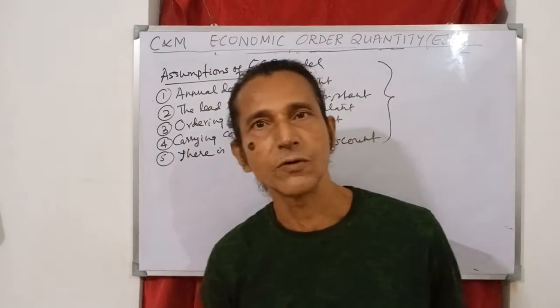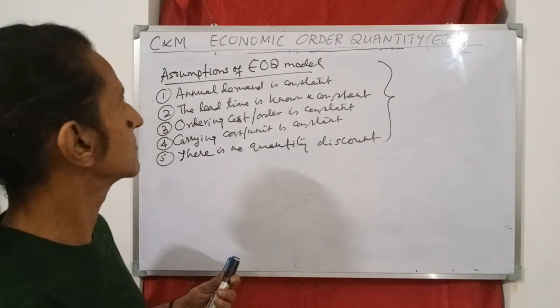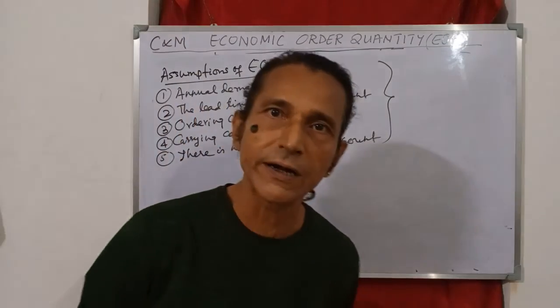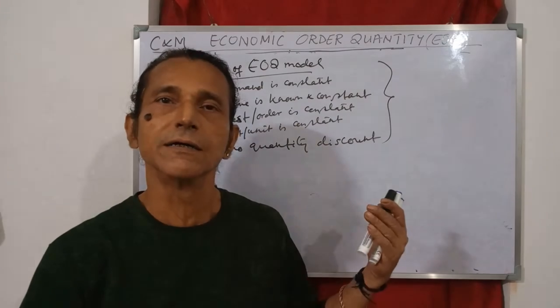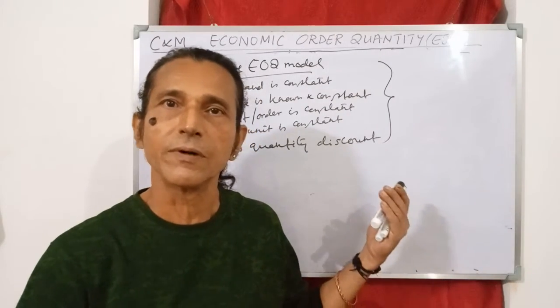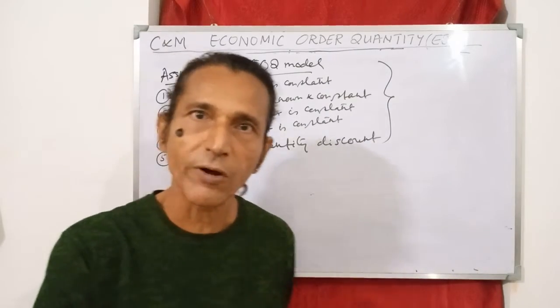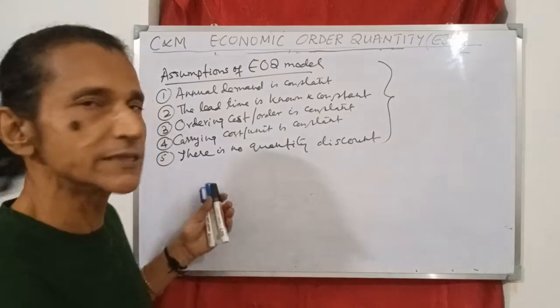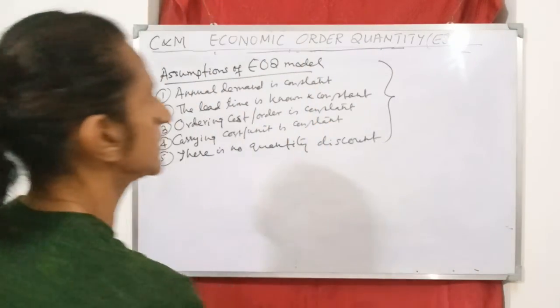Now I shall solve one numerical problem. The discussion about economic order quantity, carrying cost, ordering cost, drawing the carrying cost, ordering cost curve and total cost curve, and showing the minimum point, all these things are over. So now I shall solve one numerical problem.